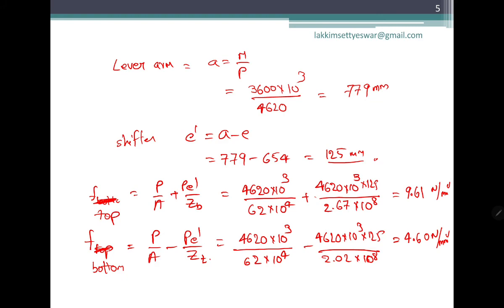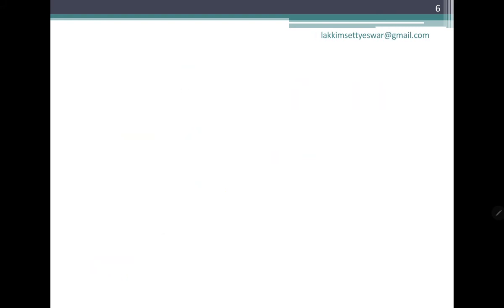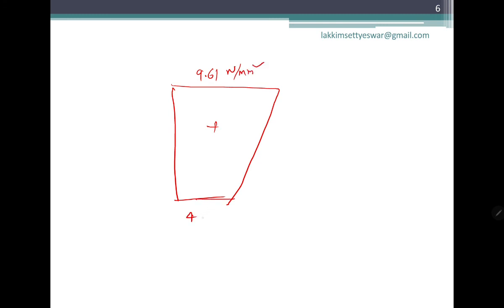So let's draw the resultant stress diagram. At the top, 9.61 Newton per mm square, and at the bottom, 4.60 Newton per mm square. This is the stress distribution diagram.